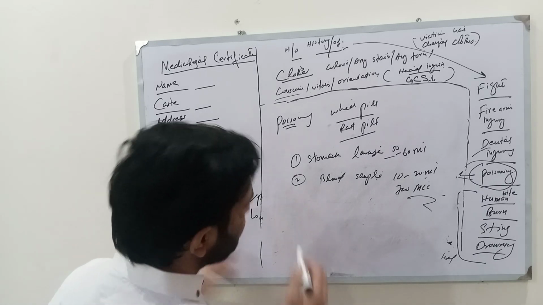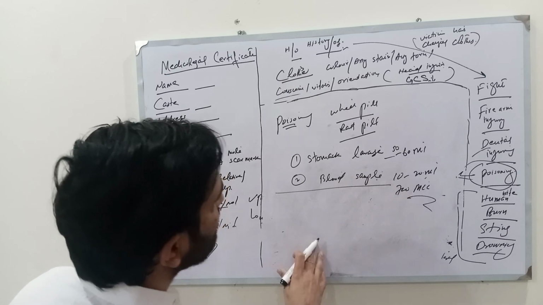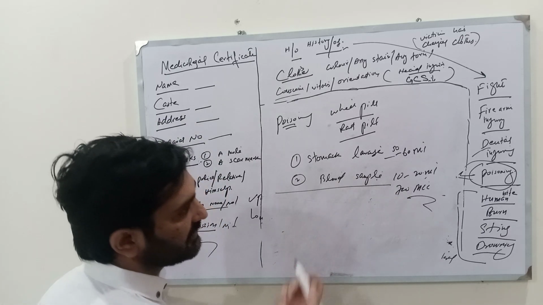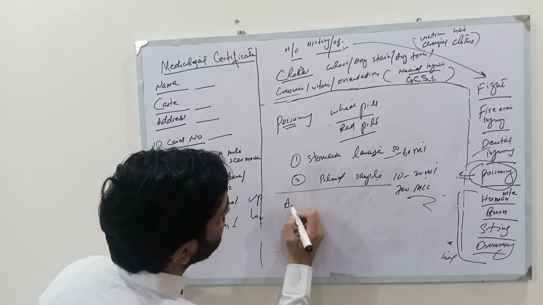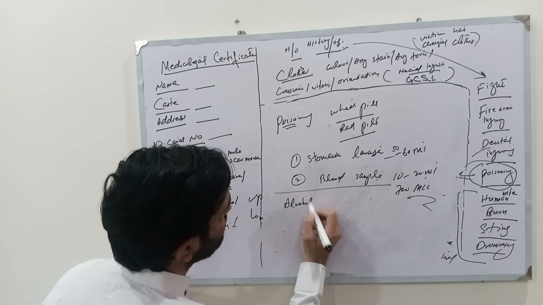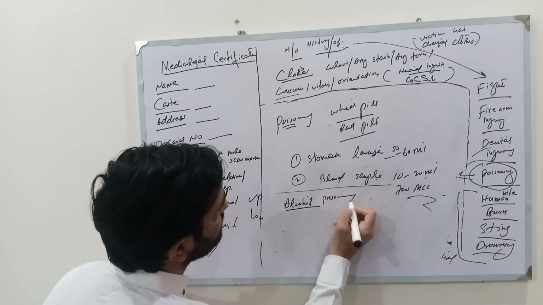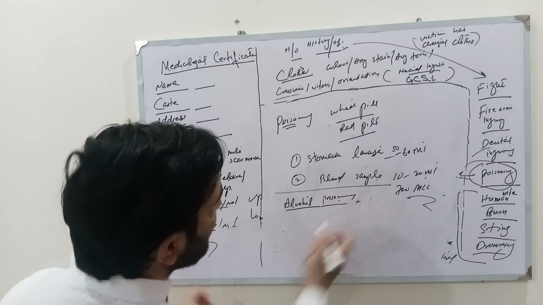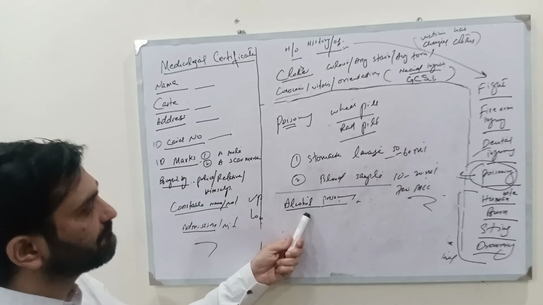Next, which is very important, is any victim with self-intake alcohol poisoning. Some points you have to remember in alcohol poisoning.